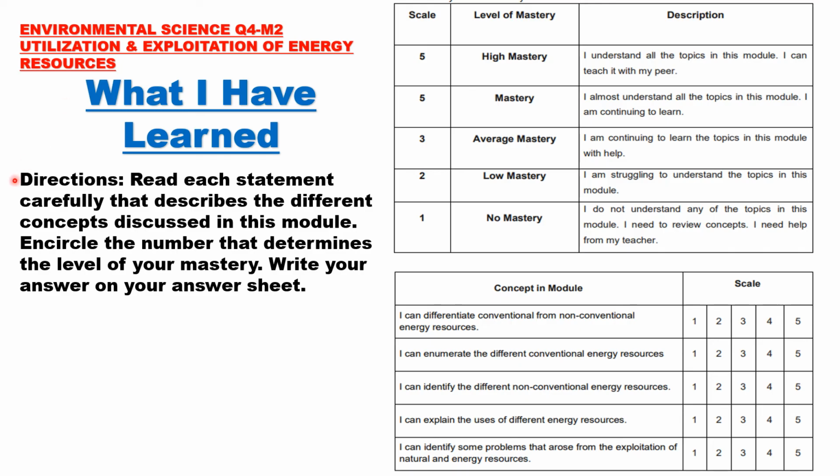Read each statement carefully that describes the different concepts discussed in this module. Encircle the number that determines the level of your mastery. So 5 for high mastery, 4 mastery, 3 average mastery, 2 low mastery, and 1 no mastery. So these are the different concepts in the module. Kindly encircle the number that determines the level of your mastery.